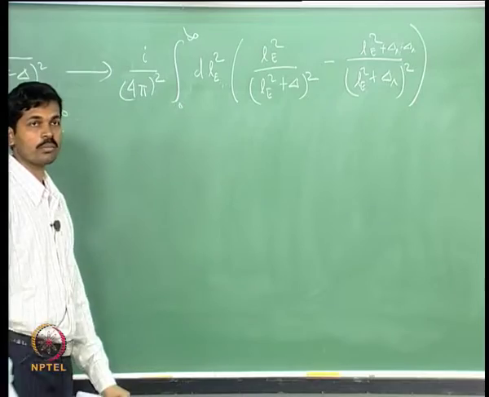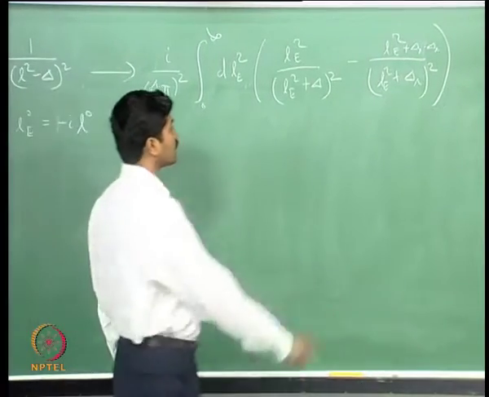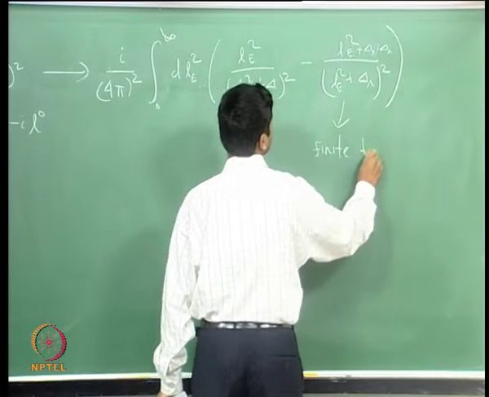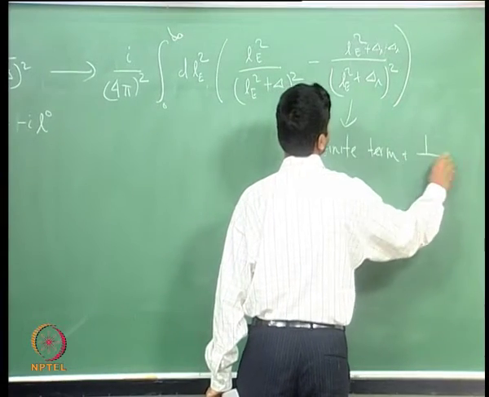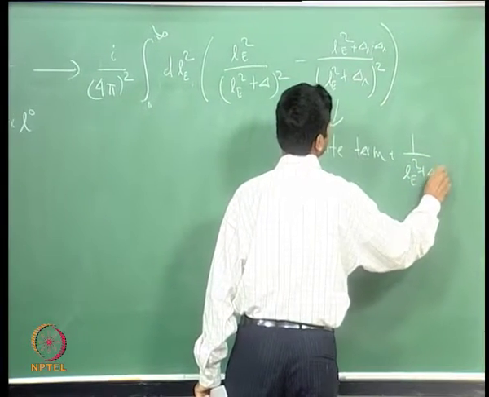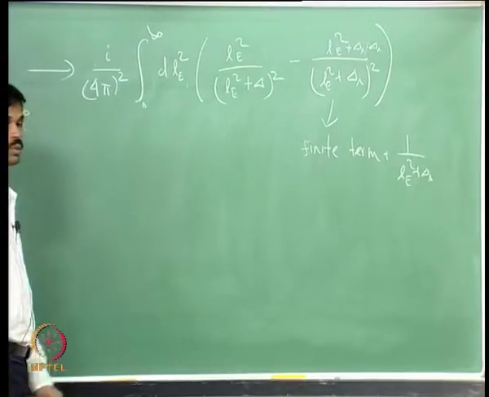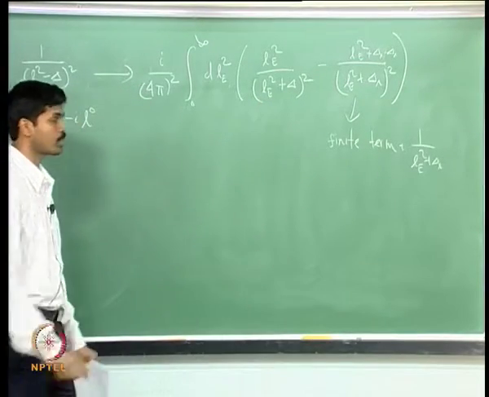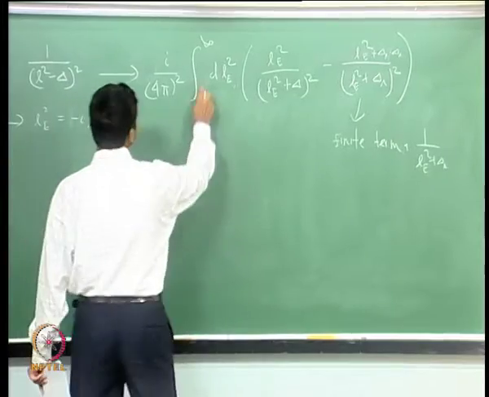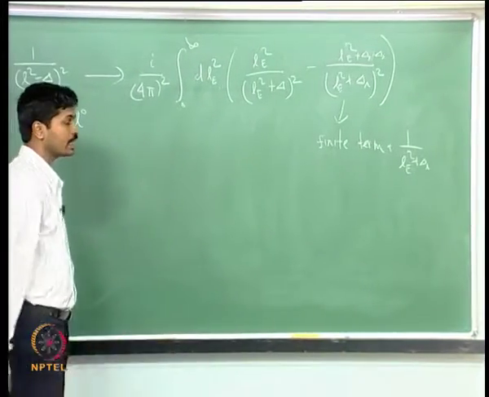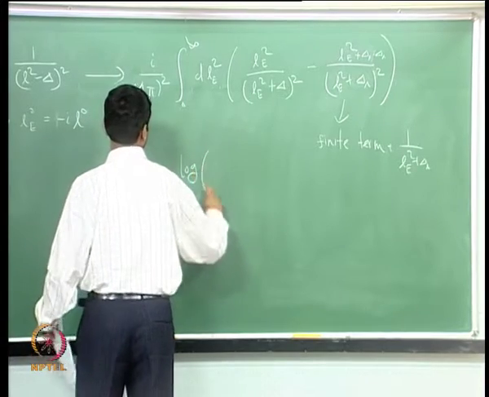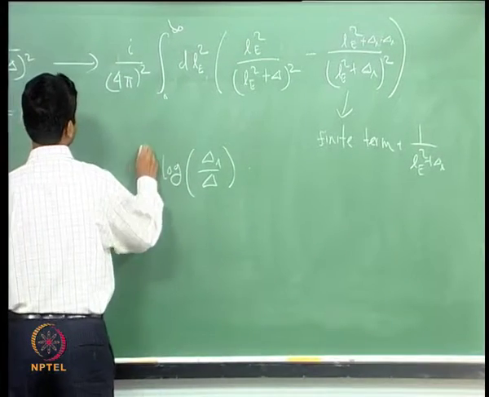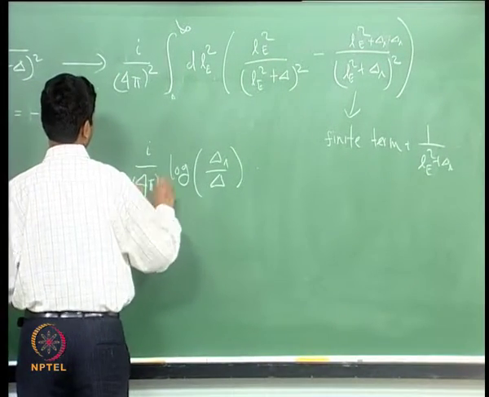L e square takes values from 0 to infinity, and this here will have a finite piece plus 1 over L e square plus delta lambda, and when you integrate it, you will get log L e square plus delta lambda, and similarly here you will get a log L e square plus delta. Finally, when you evaluate it from 0 to infinity, you will simply get log delta lambda divided by delta with a factor I over 4 pi whole square.